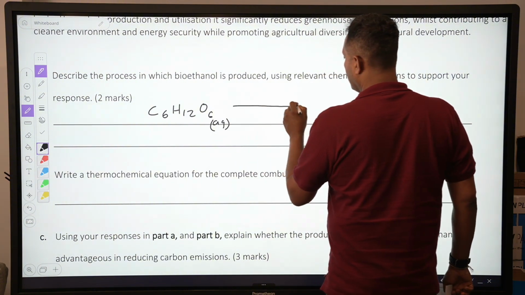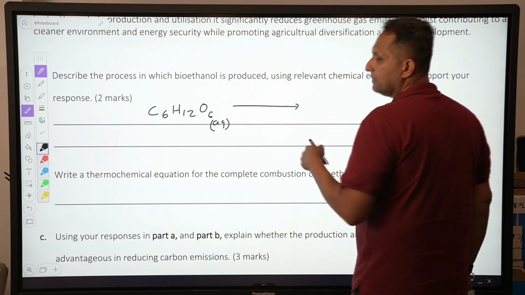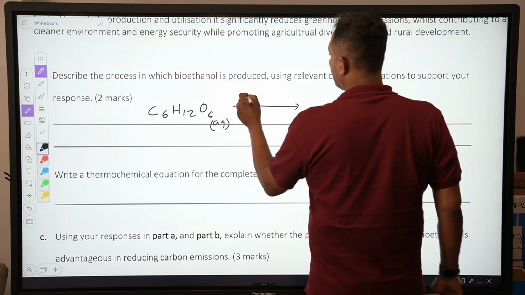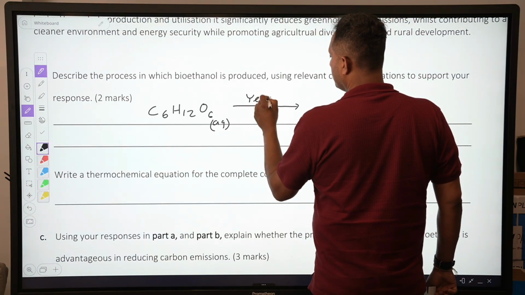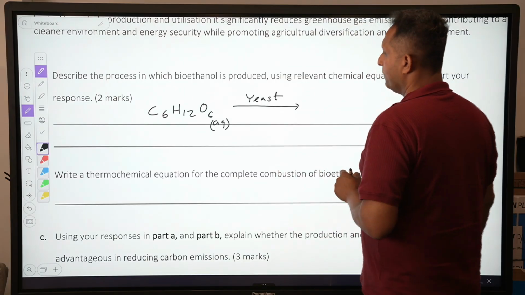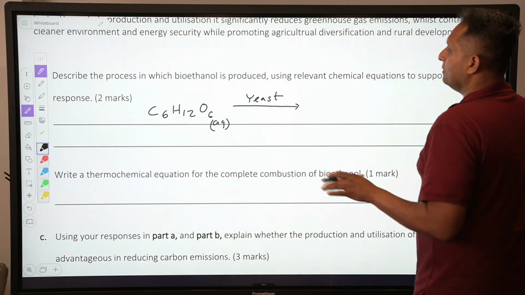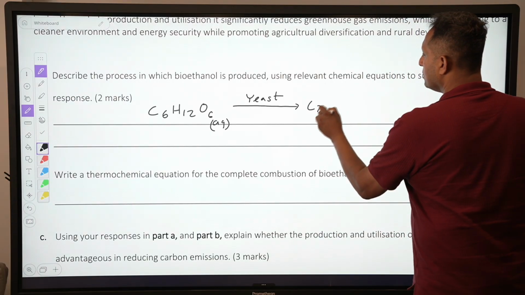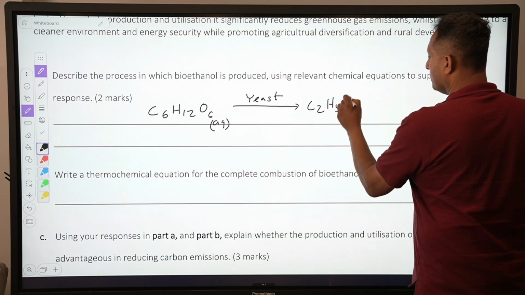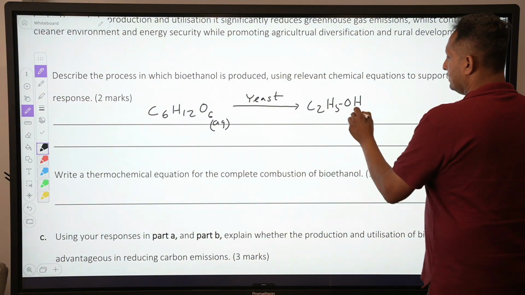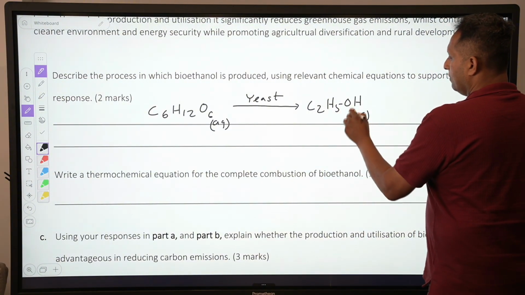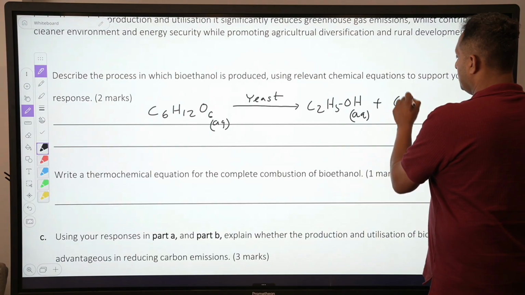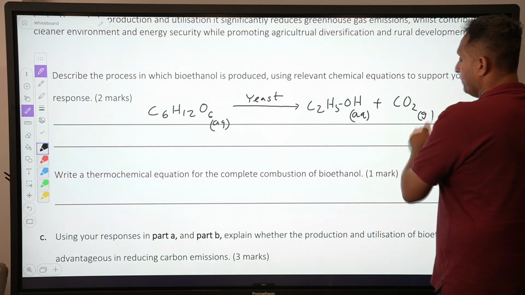So arrow. There's a catalyst. You can write the name of the catalyst on top of the arrow, yeast. Then what are you going to produce? You produce ethanol, C2H5OH, state matters, ethanol is highly water soluble, and carbon dioxide gas.